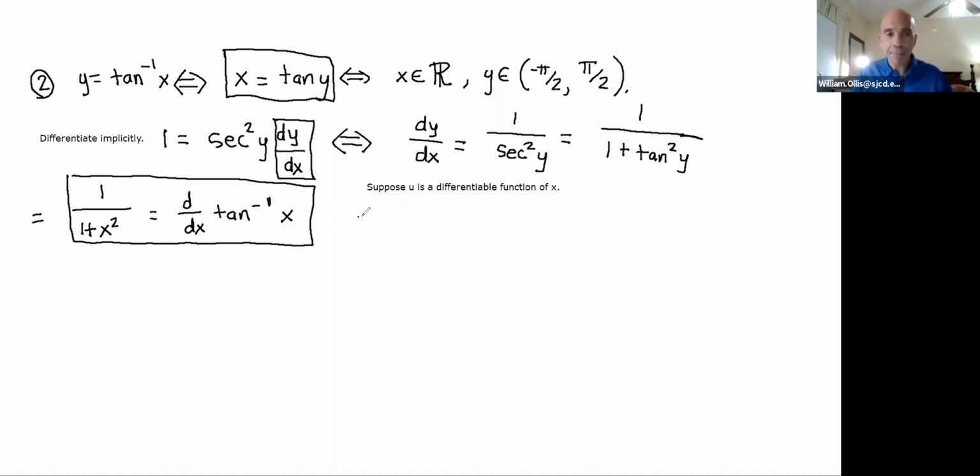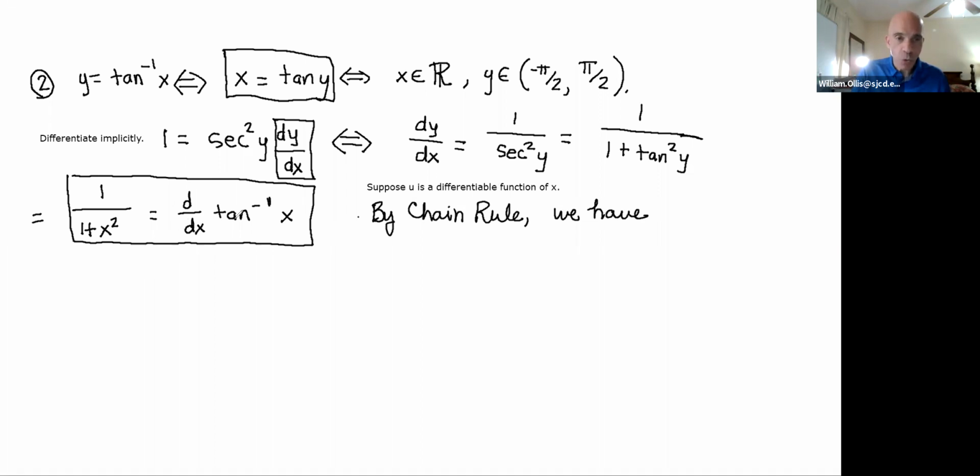So now, by the chain rule, we have, so what that's going to give us?